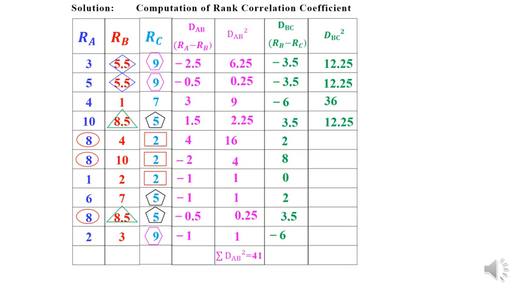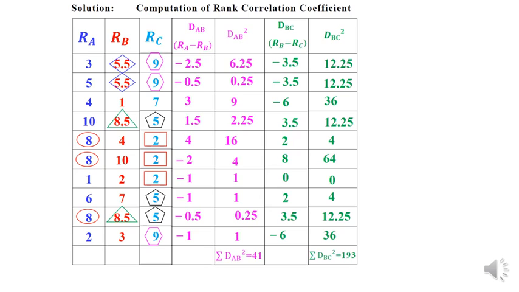Minus 3.5 square, 12.25. 2 square, 4. 8 square, 64. 0 square, 0. 2 square, 4. 3.5 square, 12.25. Minus 6 square, 36. Total of these values, you will get D square equals 193 between BC.